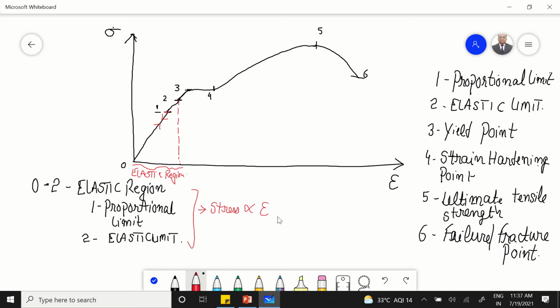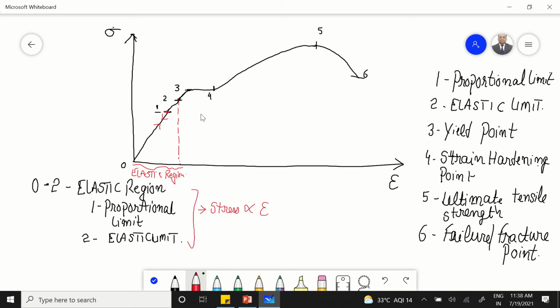Okay, now as soon as you increase the applied load in the tensile testing machine and the value exceeds the proportional limit, the curve will not follow a straight line completely.